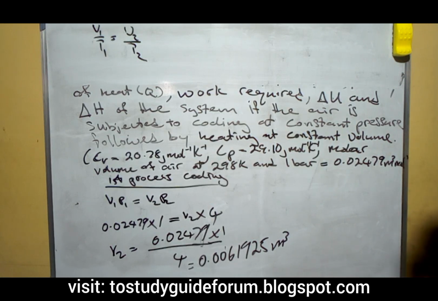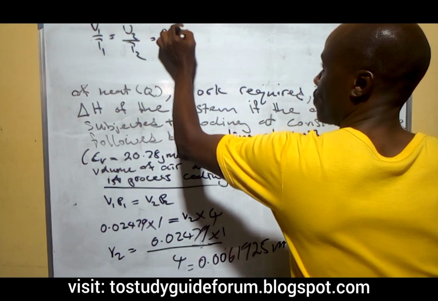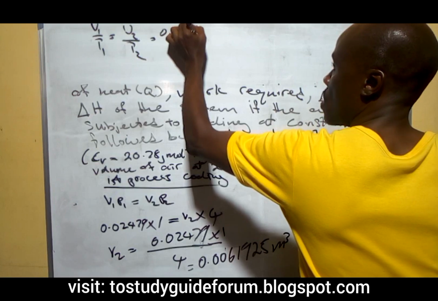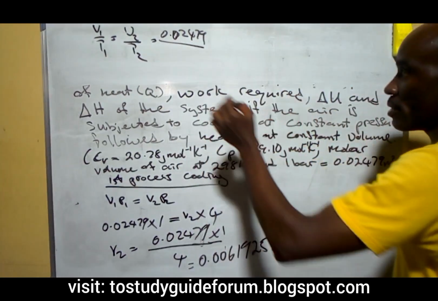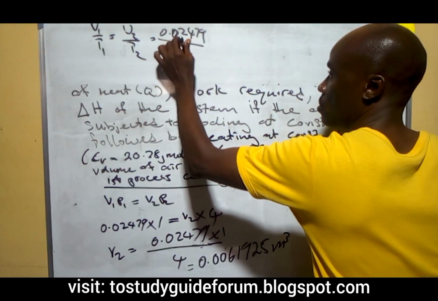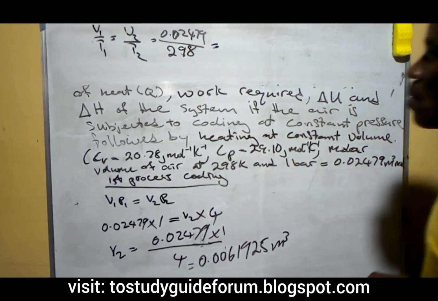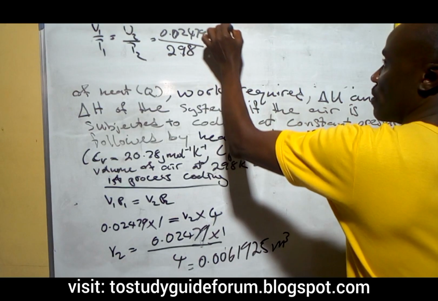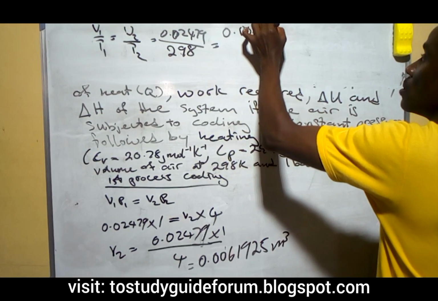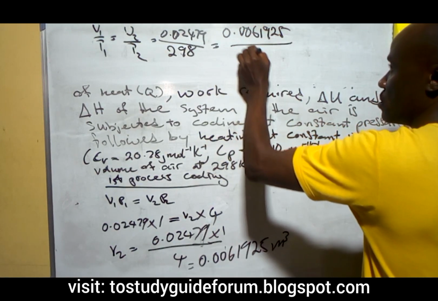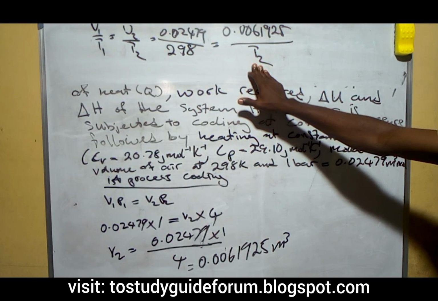So the volume here, V1, is equal to 0.02479 all over the initial temperature, which is 298, equal to the final volume, 0.0061975, all over T. So at this volume, the temperature is believed to be T2.